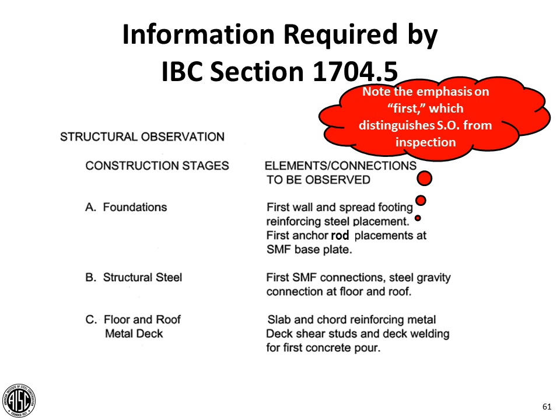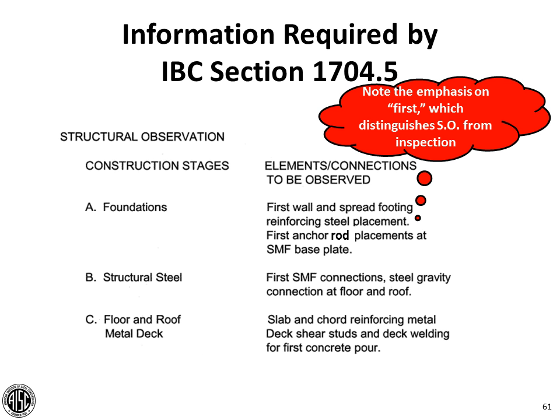As I mentioned, the structural observation basically is trying to confirm that the contractor understands and the inspector understands what the intent is of the engineer of record. And so you'll see here that there's an emphasis on the first time a particular thing might occur.